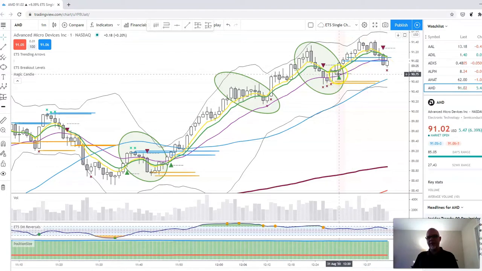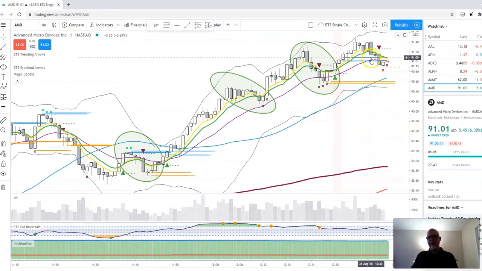So I just wanted to quickly show you when to just look out, just be careful about how you trade, and you can also see how the trending arrows actually work over here, and these little crosses.